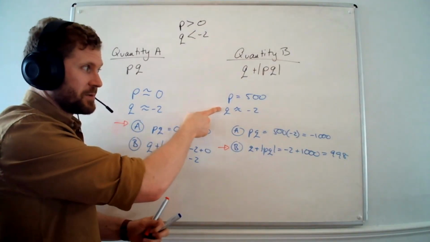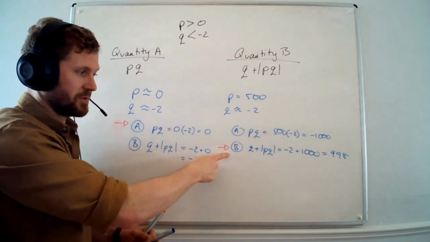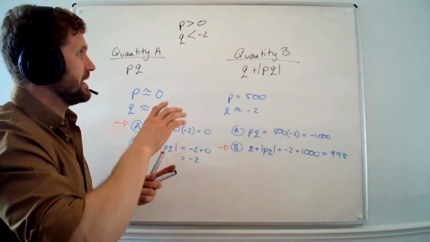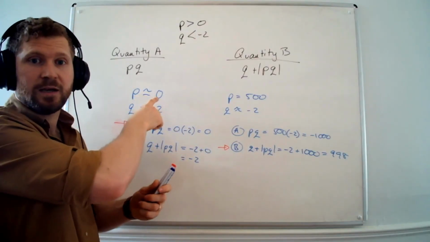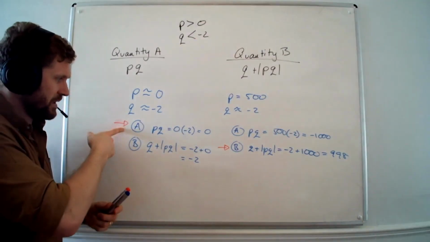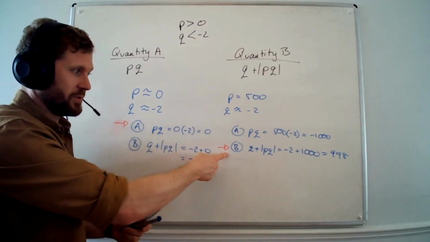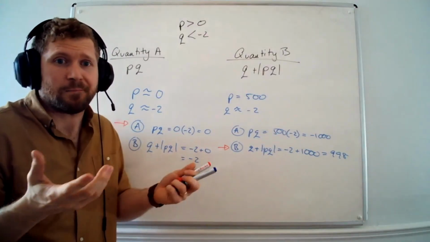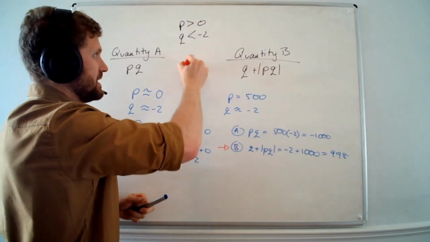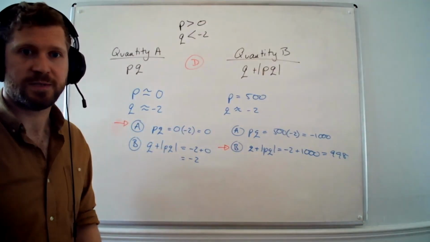If I just keep q the same and make p really big, quantity B comes out on top. Different things would happen if I held p the same and varied q, or if I varied both of them, but I don't need to get into that. I've got one scenario where quantity A is bigger, one scenario where quantity B is bigger. I can't tell which of them is going to be the bigger one at all times, so the answer here is going to be D.